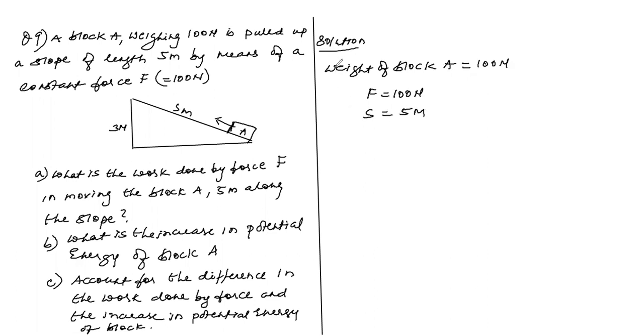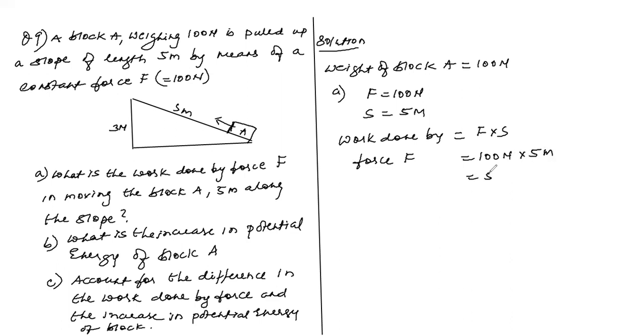So the first part of the question is, what is the work done by force F? Work done by force F is equal to F into S. F is 100 Newton. S is 5 meter.